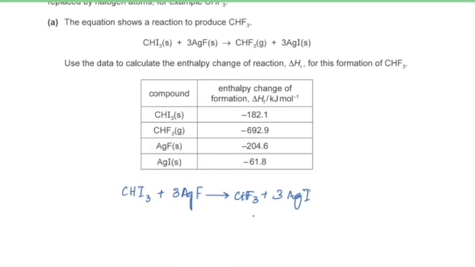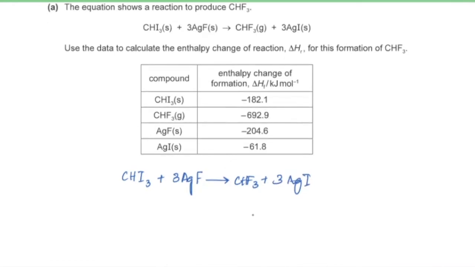What we have to do here is build a cycle. Formation of all these require elements in their standard state. So I'll write carbon here in a solid form, hydrogen gas plus iodine solid plus Ag as well as fluorine gas.